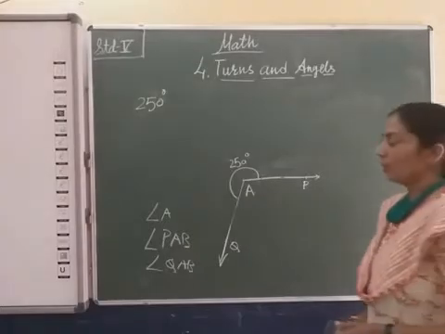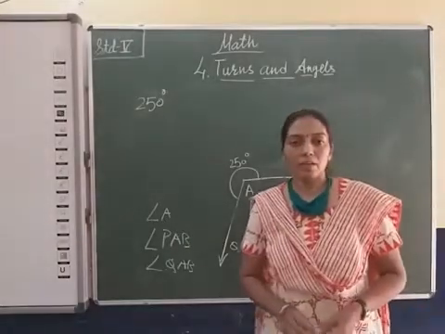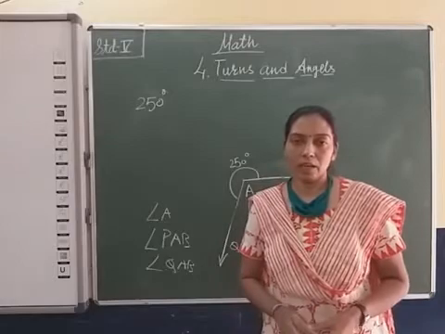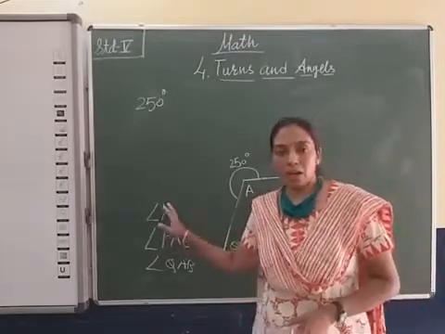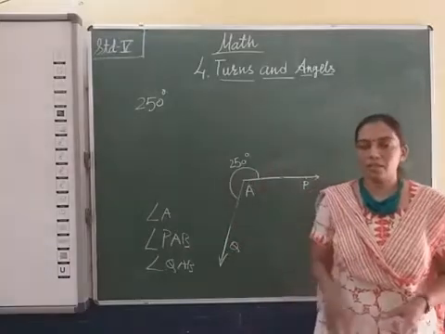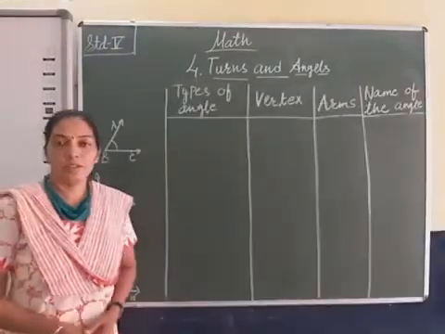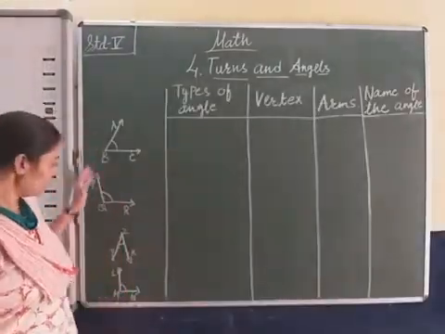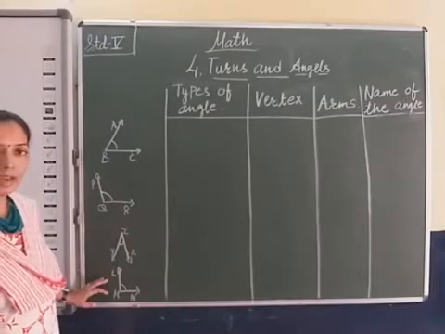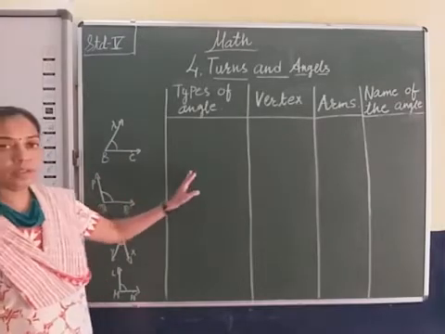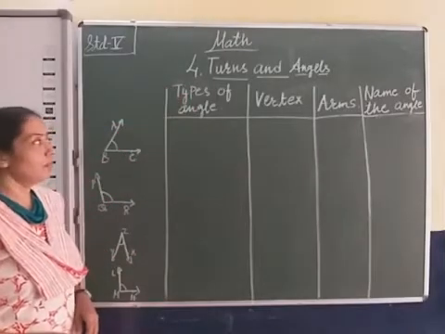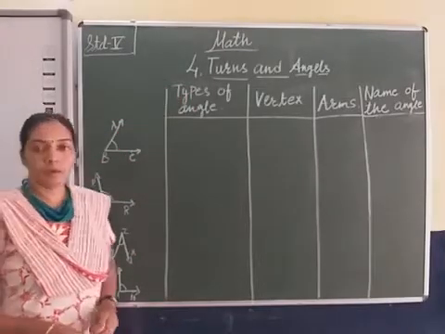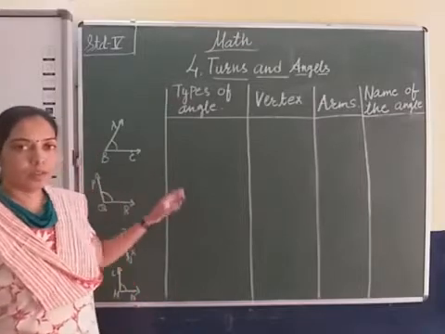Now our next point is, if the angle is given and you have to write the arms, angle and vertices. Yes students, now you see these figures are given, these different angles, and we have to put in this table the answer: the type of angle, vertex, arms and name of the angle that we have to write down.